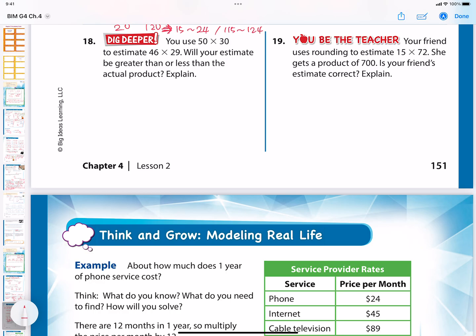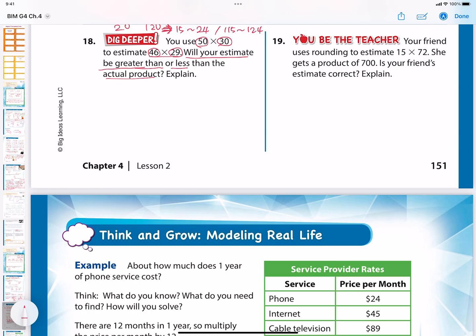You use 50 times 30 to estimate 46 times 29. Will your estimate be greater than or less than the actual product? This is the question. Will it be greater or less than the actual product? Explain. All right, you use 50 times 30 instead of 46 times 29. So you round up or down? Yes, you round up.